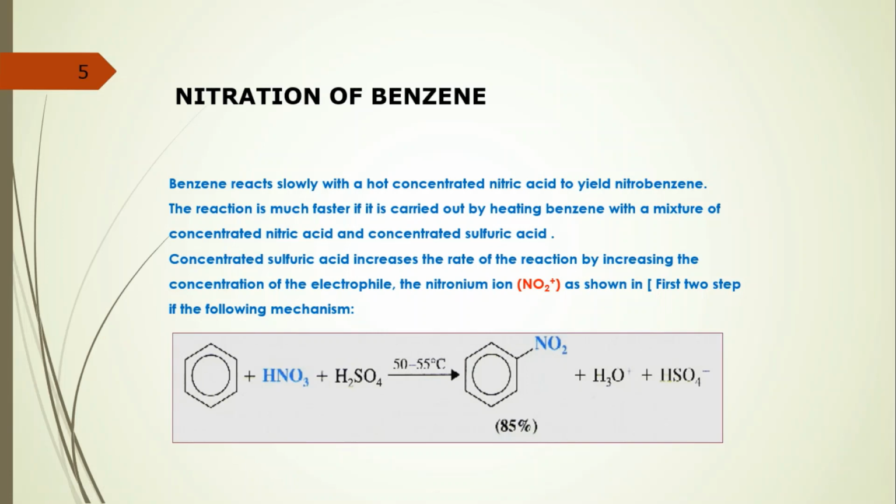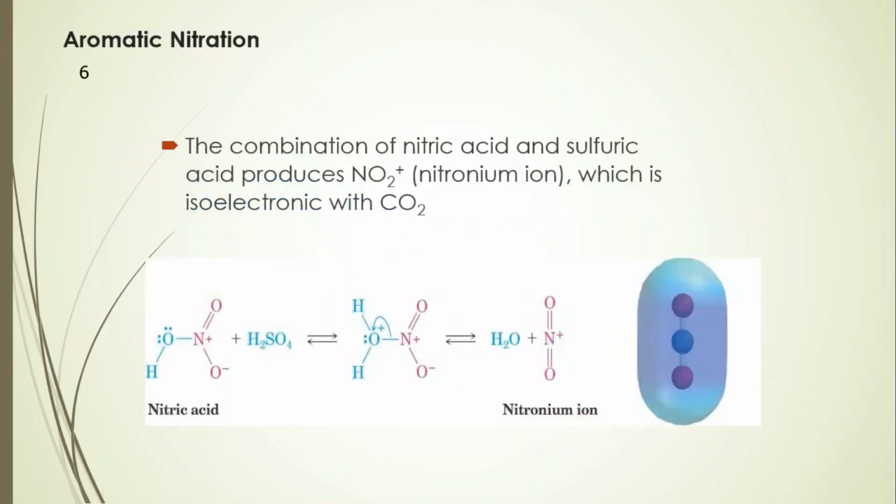So this NO2 plus is the electrophile. This is an electron deficient center, electron deficiency at the nitrogen, and benzene is going to react on this electron deficient center to produce the respective nitrobenzene.